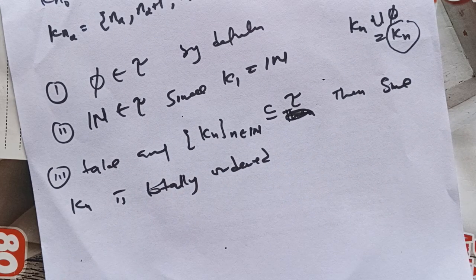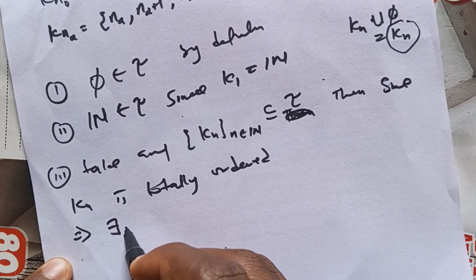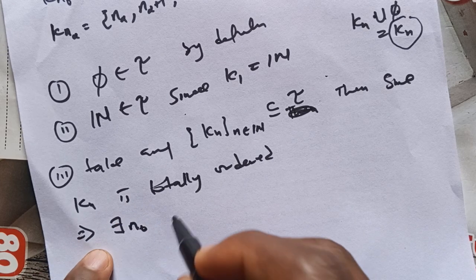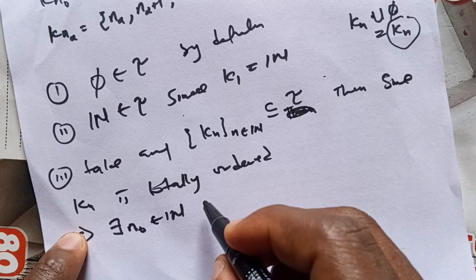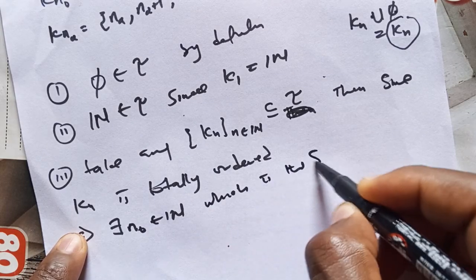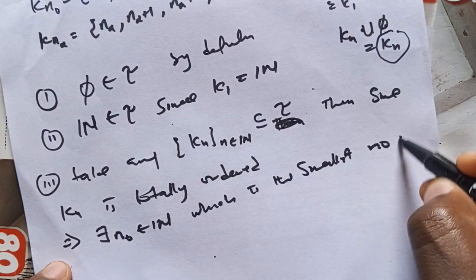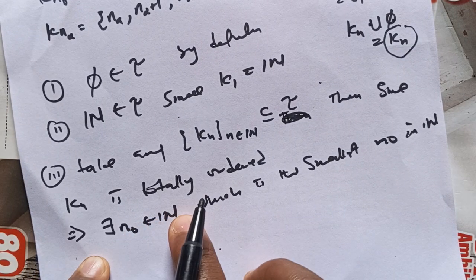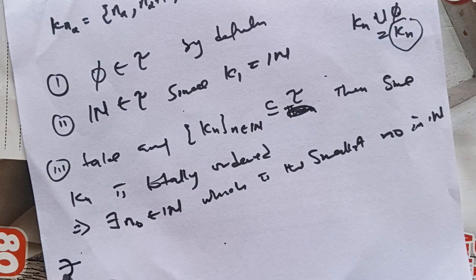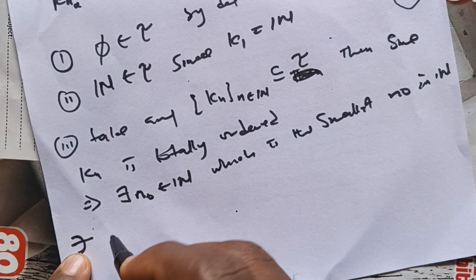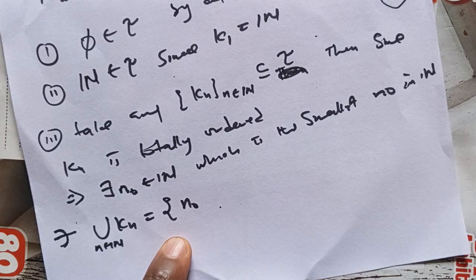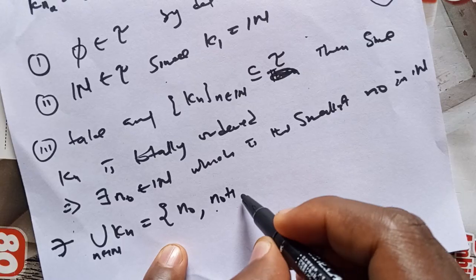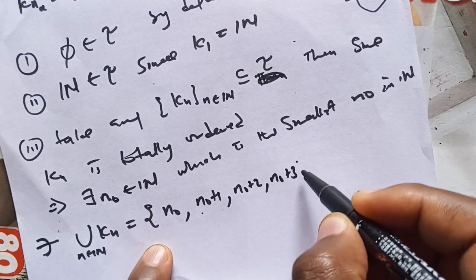Now, since my Kn is totally ordered, this implies that there exists some n naught in N, which is the smallest number in N, such that the union of Kn, n in N, is equal to K n naught, n naught plus 1, n naught plus 2, n naught plus 3, and so on.